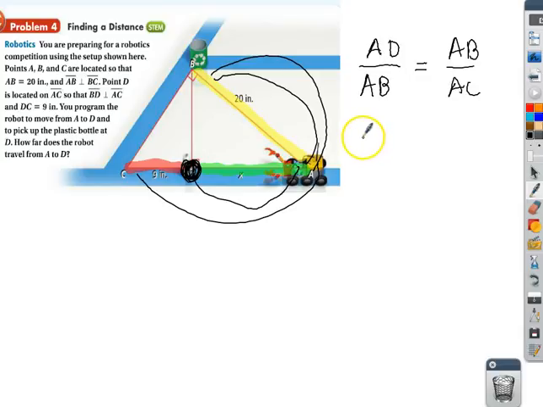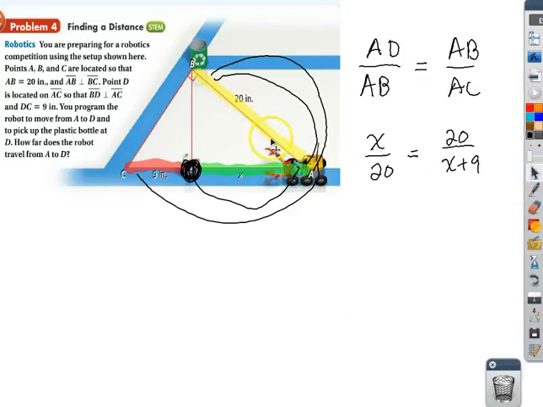When I go ahead and fill that in, it looks like this. AD is X, AB is 20, and AC is the green and the red. The green is X, the red is 9, so that's X plus 9. Segment addition says when you have two lengths, you add them together. Yeah, that's going to be interesting.